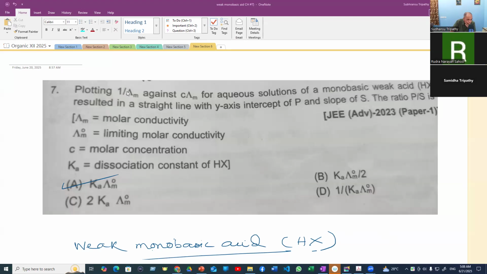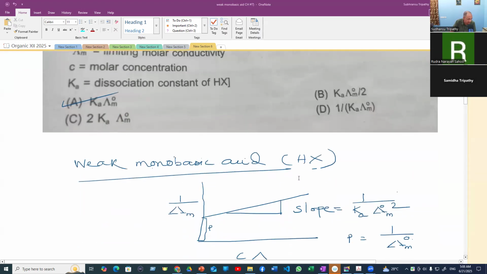Not lambda m versus C or root C, but 1 by lambda m against C lambda m. Lambda m is also in the abscissa. I mean x-axis. This is y-axis coordinate. Am I correct? Yes, sir.